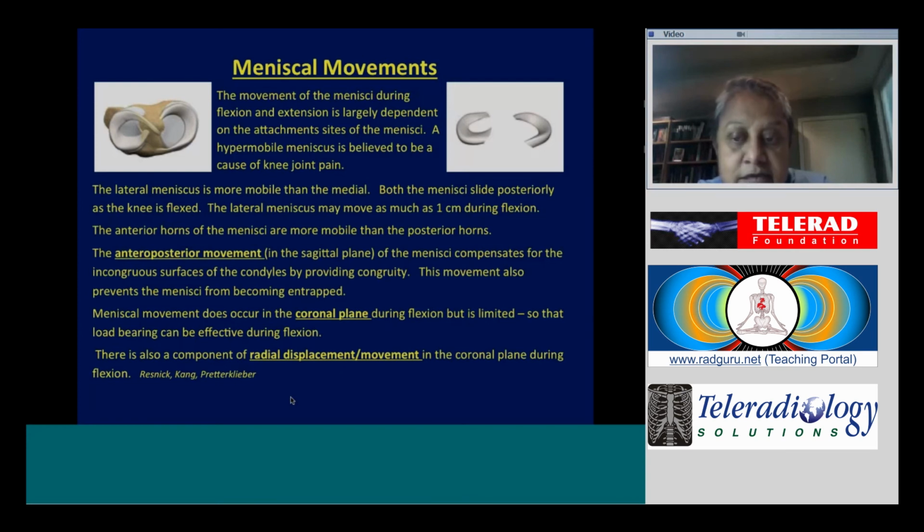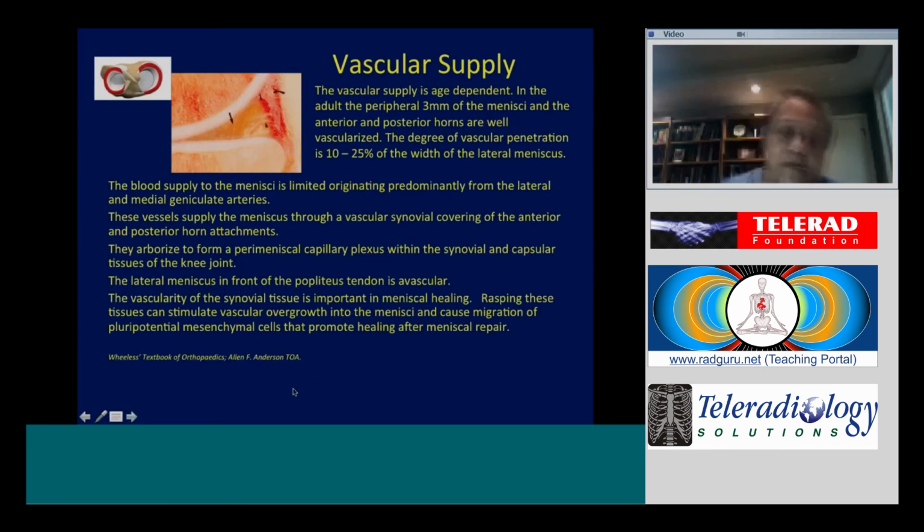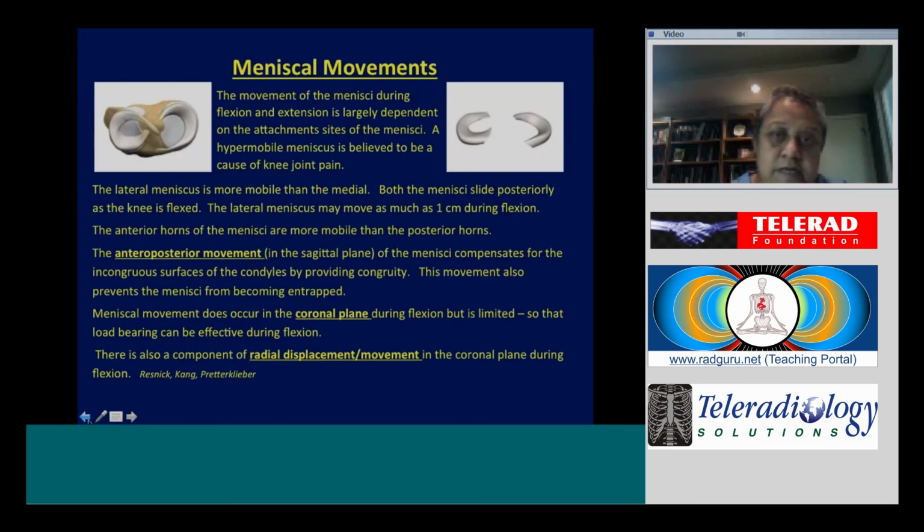This is during flexion, but it is limited, so that load bearing can be effective during flexion. There is also a component of radial displacement or movement in the coronal plane during flexion. Going back to the previous slide, please remember how these movements occur because they are important in assessing the injury to the meniscus.